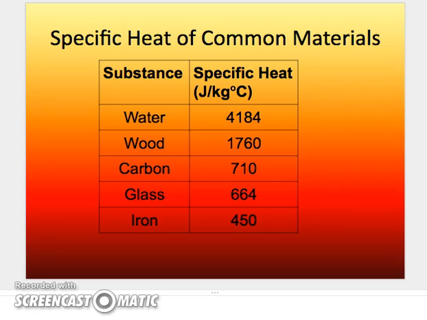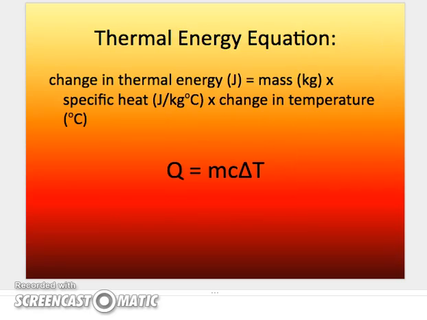Okay, our next thing is to take a look at the thermal energy equation. Now, unfortunately, we're not going to have time to use this a whole lot, but I wanted you to see it. I want you to be aware of this equation. This is how we calculate the change in thermal energy, or the amount of heat in a substance, if there is a temperature increase.